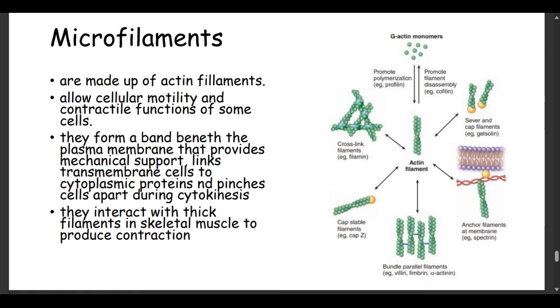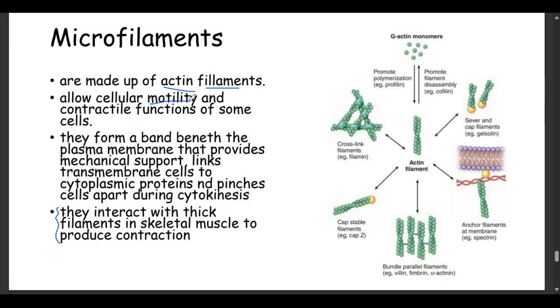For microfilaments, they're made up of actin filaments or thin filaments. These ones are mostly important in cellular movement. Okay, like for example, in the muscles, they're the ones that are responsible for sliding with thick filaments, and they produce muscle contraction. And also cellular motility as well.